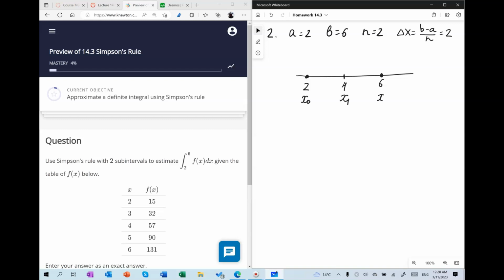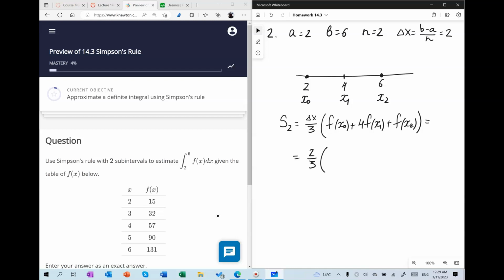So this is my partition. And once again, we're using two subintervals. So my S2 will be equal to delta x over 3 times f of x0 plus 4 f of x1 plus f of x2. Delta x is 2.